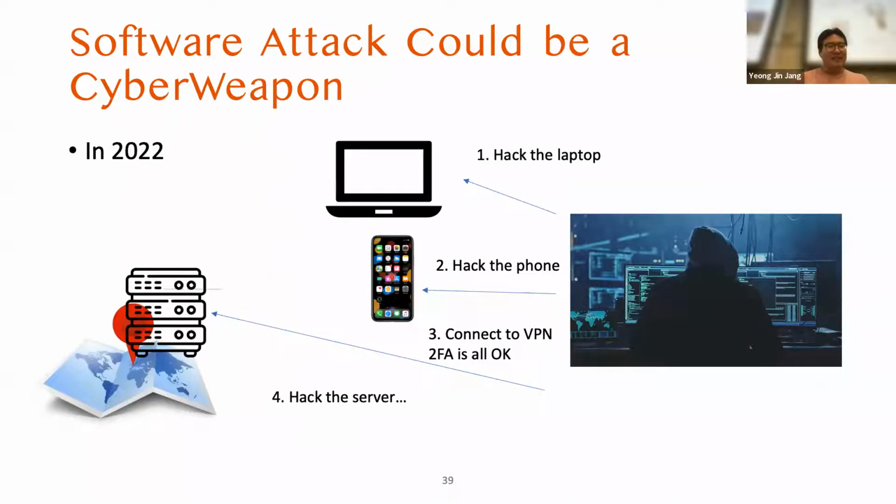And then if the corporate login requires two-factor authentication, we can handle that by hacking their phone. So the two-factor authentication doesn't matter at all. And then after connecting to the VPN, find another software running there, and then shoot the vulnerability, hack the server machine, and profit.